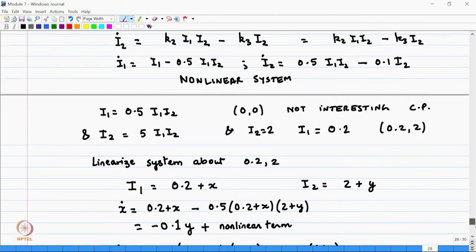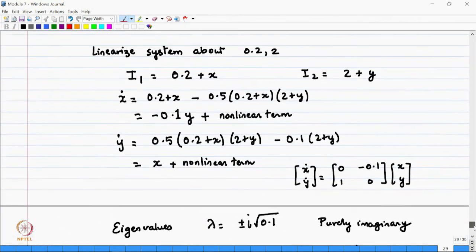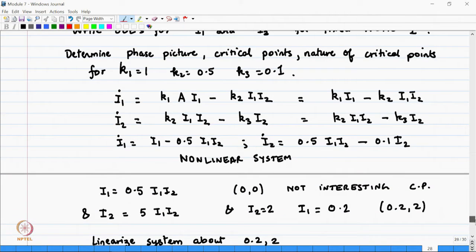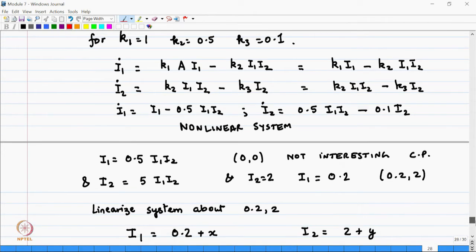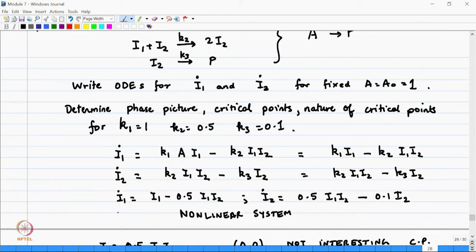So if it looks like a center, then we go back to our nonlinear equations. So what we had was, yeah, these are our nonlinear system of equations. So I1 dot is I1 minus 0.5 I1 I2.